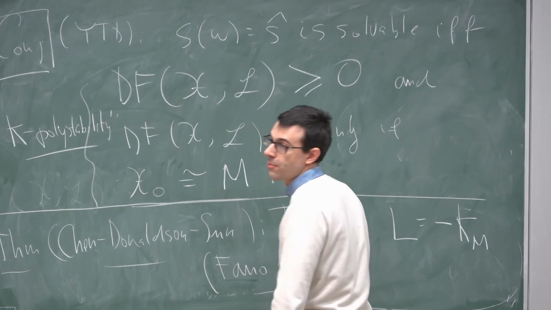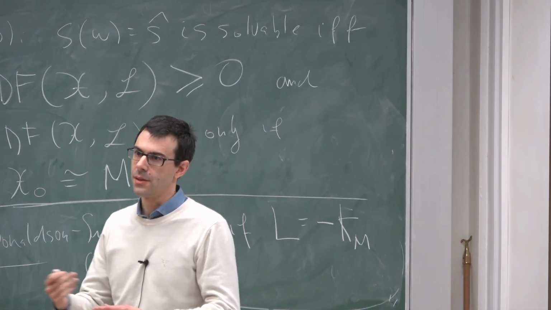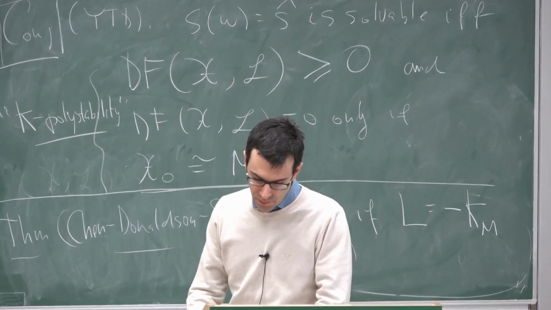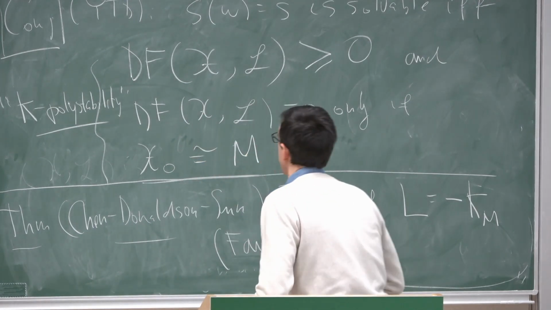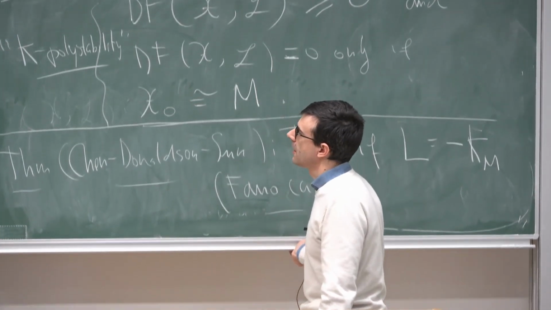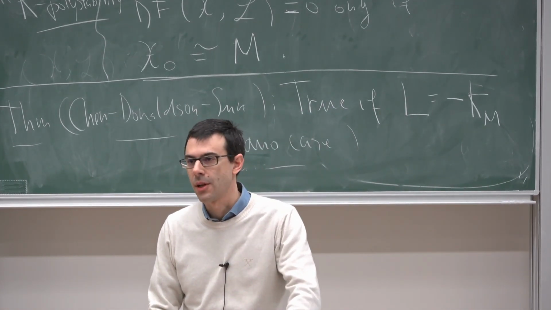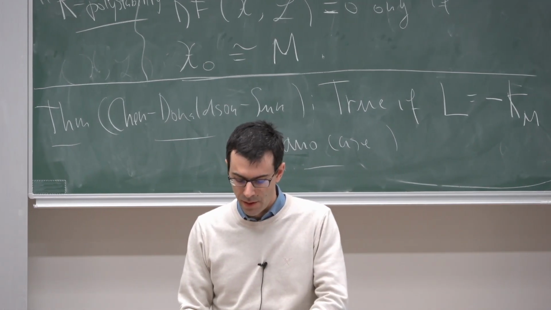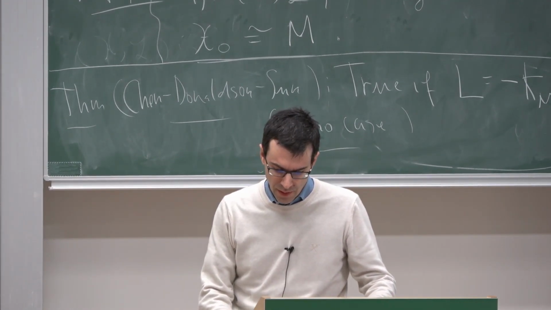And now much more is also known, in many other cases allowing singularities or allowing some boundary and so on. But this is the crucial result. Apart from that, we don't know yet. And actually, many people think that you need a stronger stability criterion. This is not enough away from the Fano case.